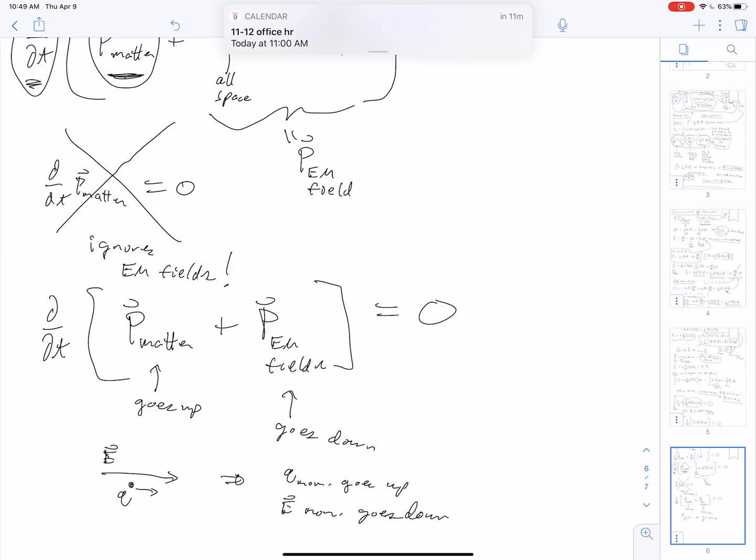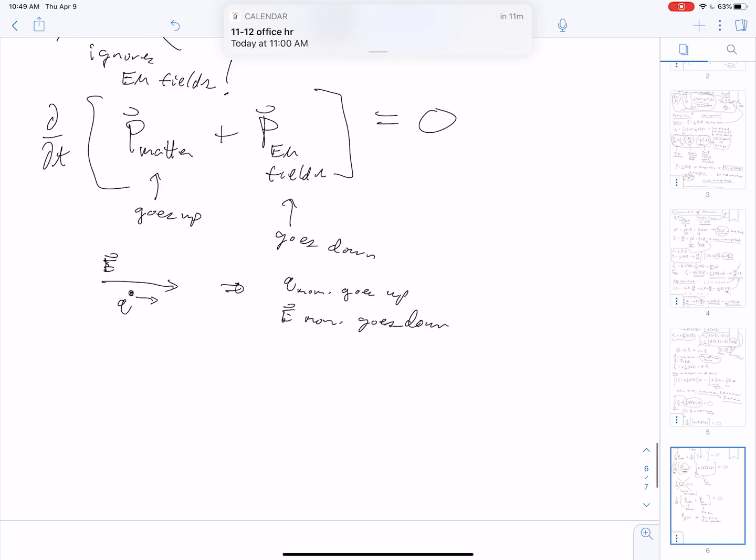So if I keep track of all the charge and all the electromagnetic fields, then when the momentum of the material goes up, the momentum of the fields goes down, or if the momentum of the matter goes down, the momentum of the fields goes up.